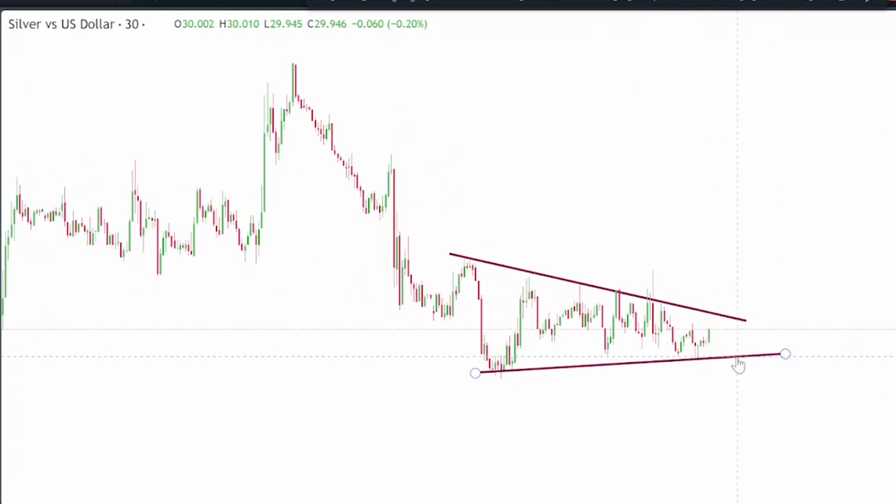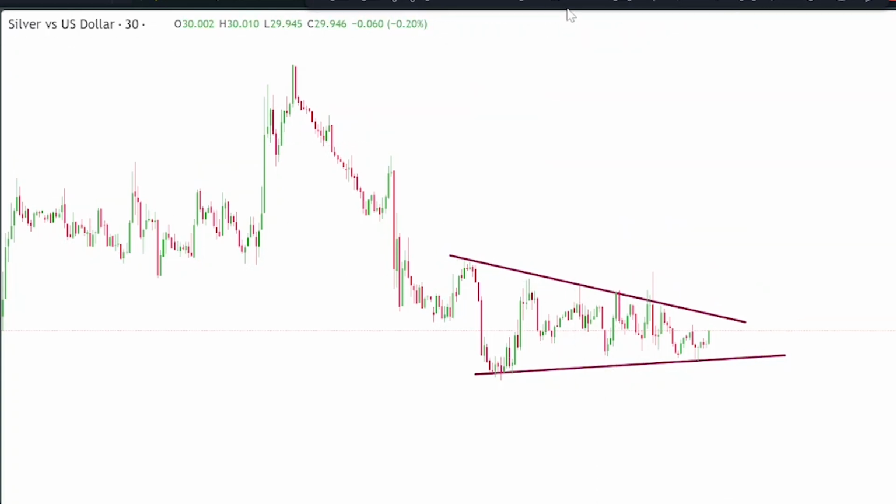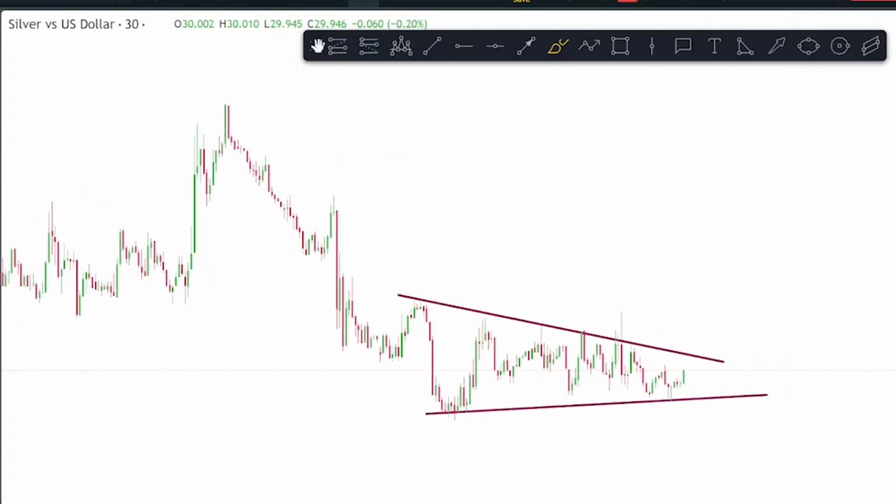This is a support and this is a resistance trend line where we are making lower highs. This is a low, lower high, low, lower high, low, lower high. So these are equal lows and these are lower highs. Okay, now how can we enter from this chart pattern?